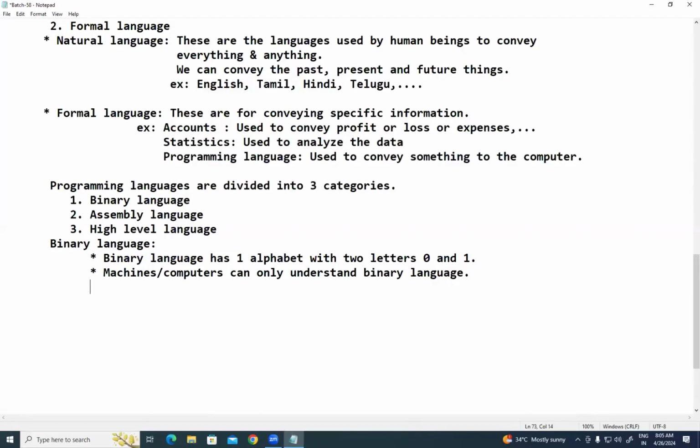Any other one wants to add something? Any idea on that, folks? So see, for human beings, writing the instructions in binary language is very, very difficult.